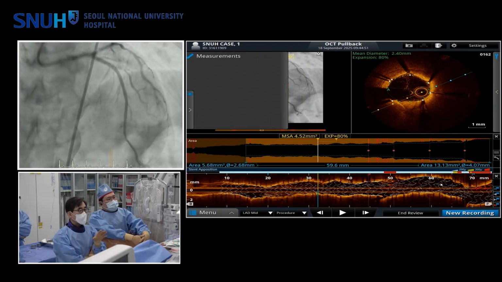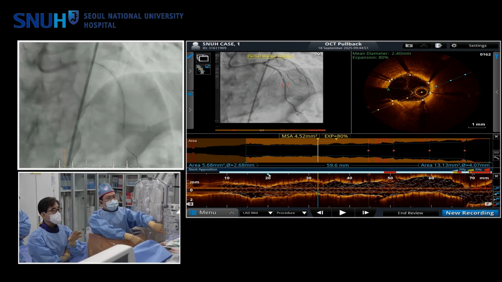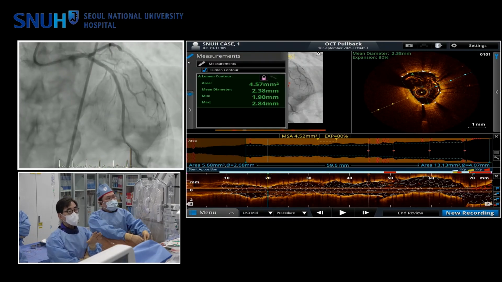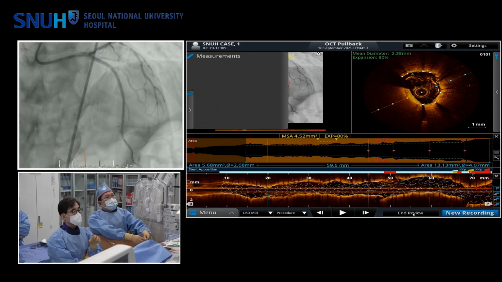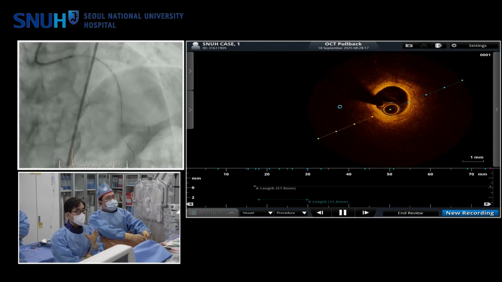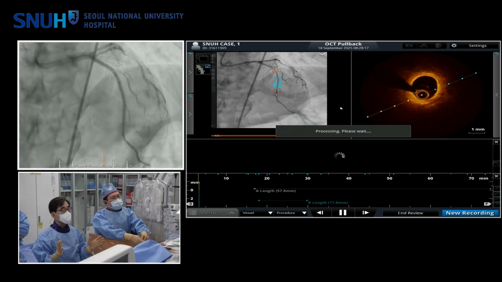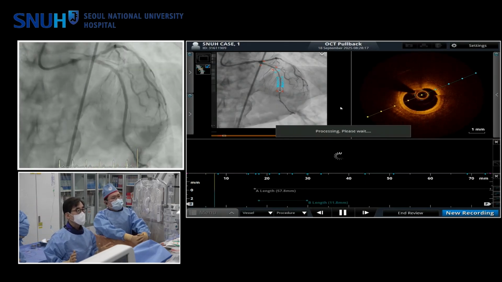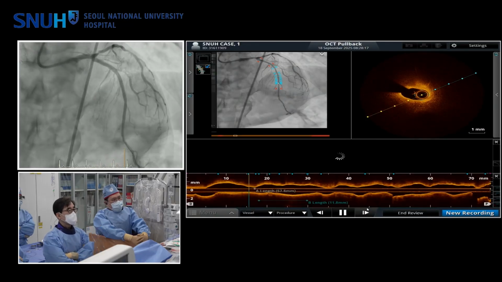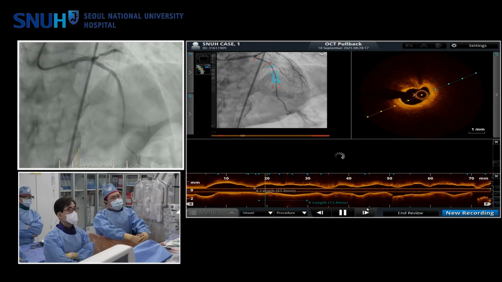Then we'd like to compare this finding with the initial OCT finding. Then we can see the fracture and displacement of calcium plaque and calcium nodule. Here is the baseline at this OCT point.